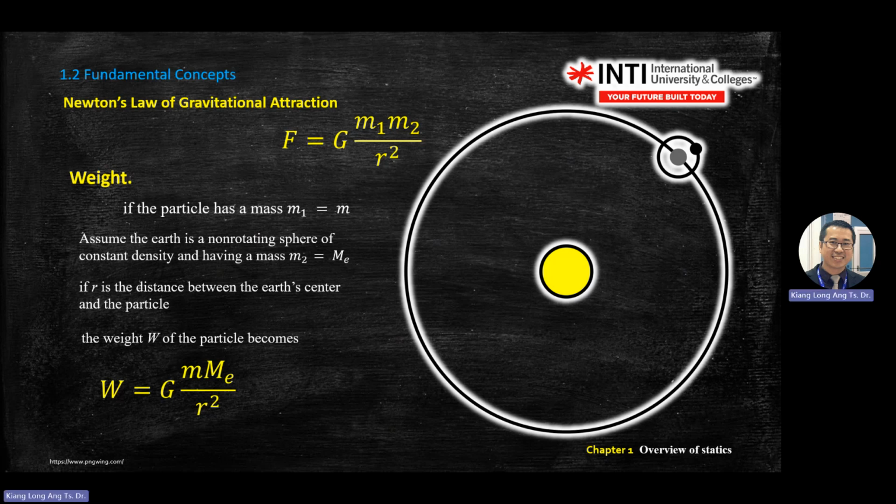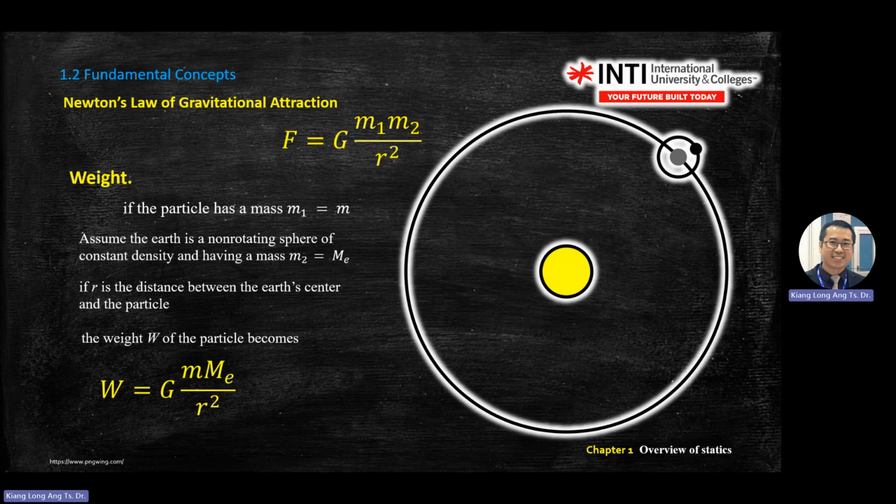This is the Sun, this is the Earth, this is you. So you take the Earth as mass Me, and you replace one of the masses here with m, the mass of the particle. So this equation becomes m and Me.